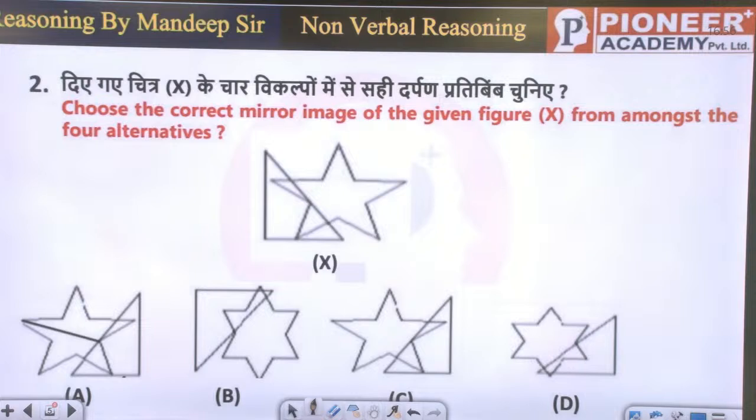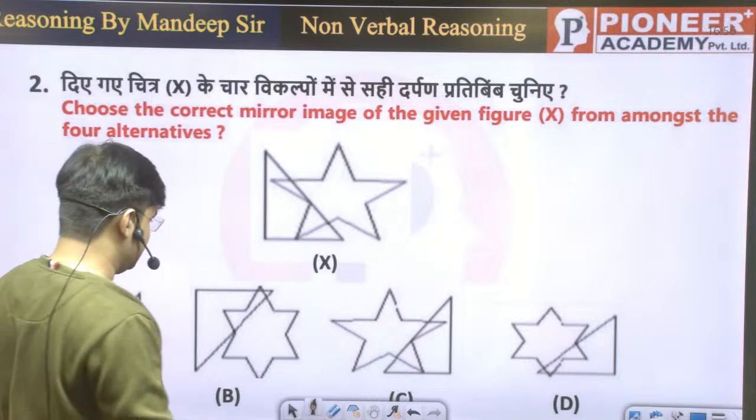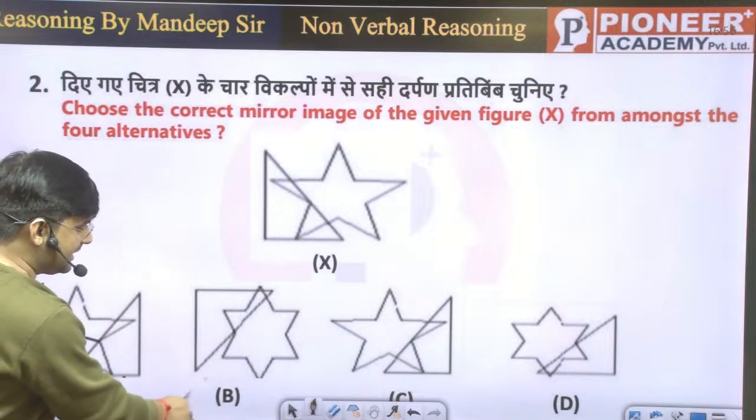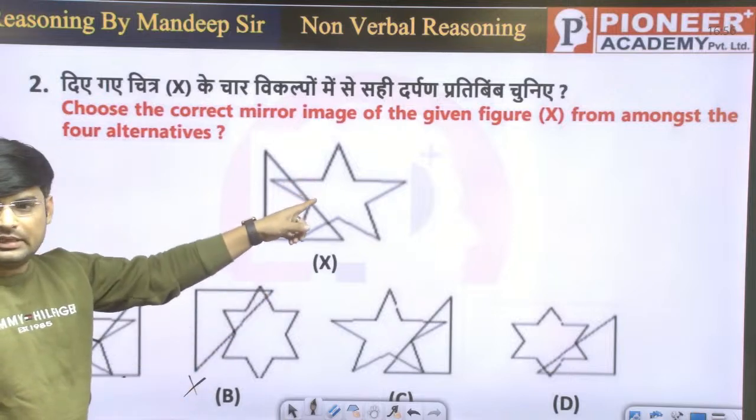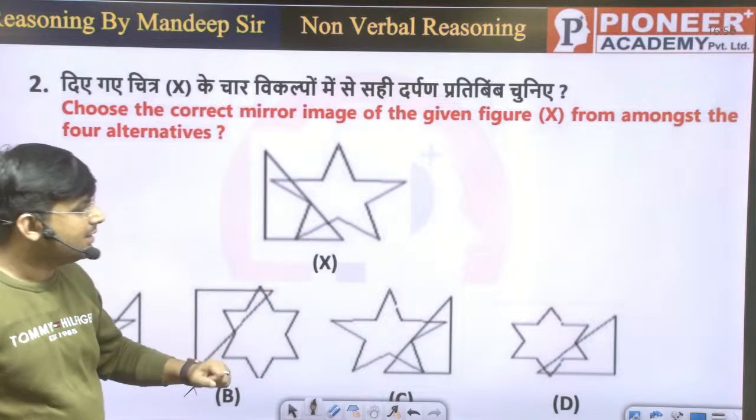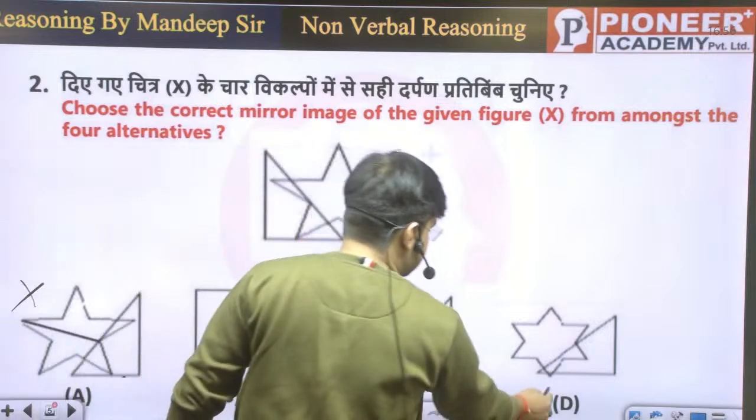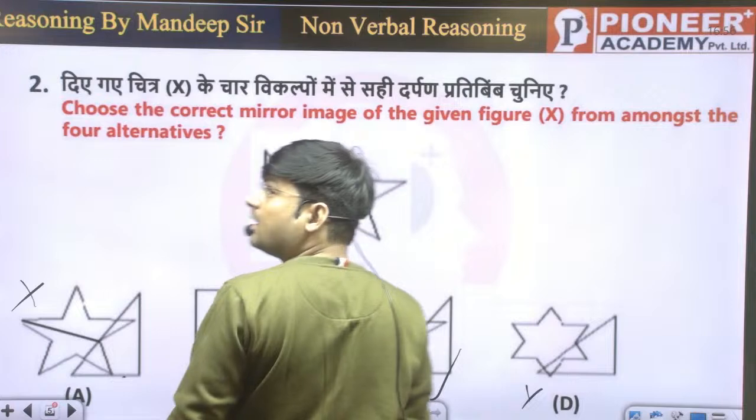Which one is the right answer? C. In the star, there are no lines, but in option 1, there are lines in the star. Option B is also wrong because the figure is different, and option D is also different. Option C is the correct answer.